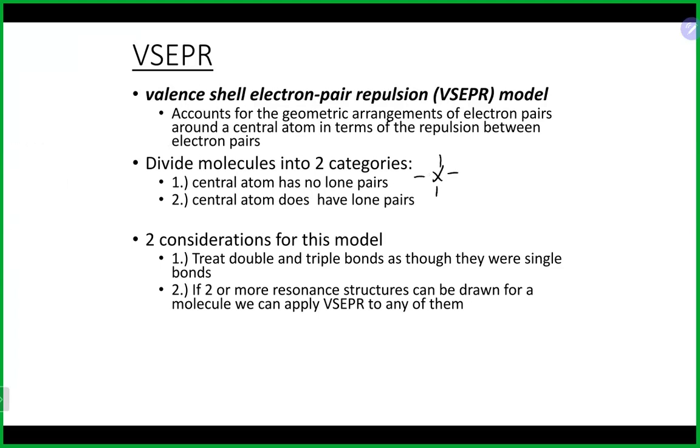When you're doing geometry, it is all about the central atom. It's the only one that's important, basically the guy in the middle. Also, we will do ones where you draw the Lewis structure and there are dots around the central atom. So either dots or no dots, basically.